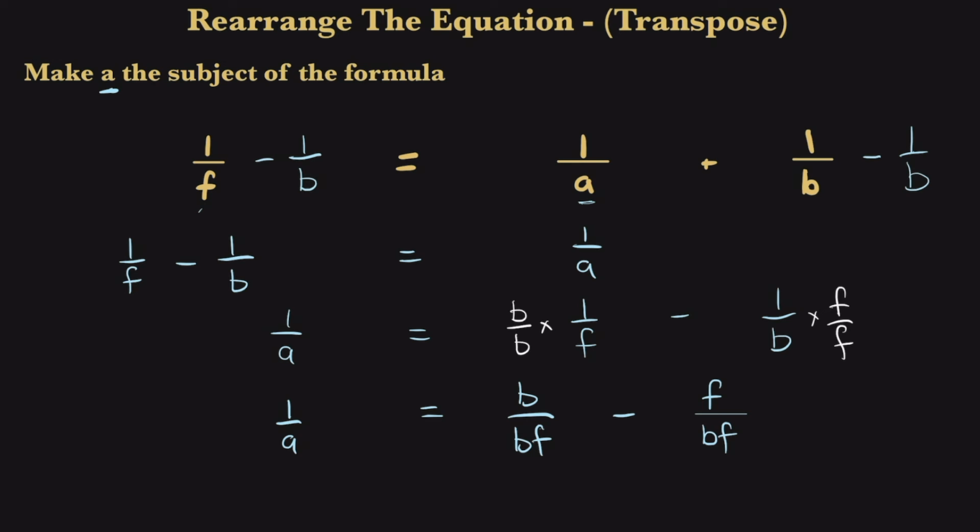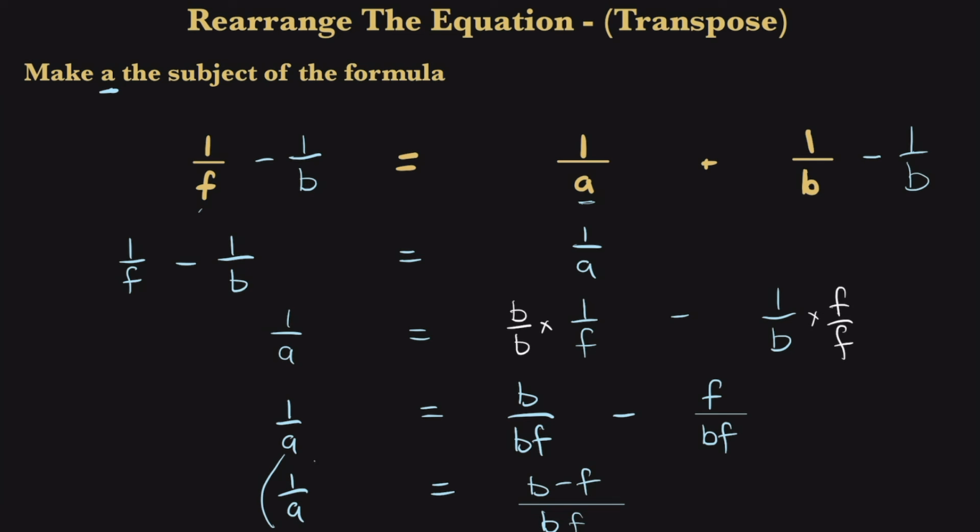And now you're going to see why we needed to do that. So we're going to have 1 over a is going to be equal to, now we can put these into one term. So we can have b take away f over bf.